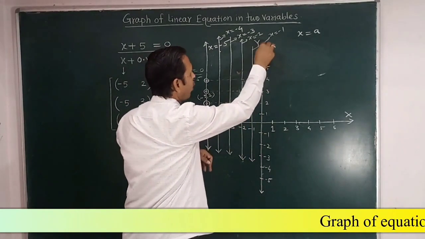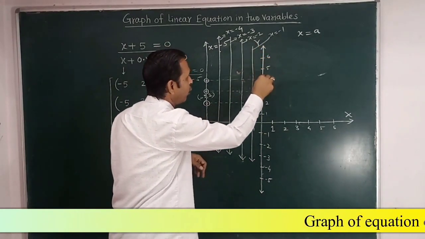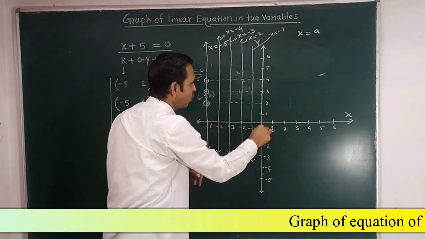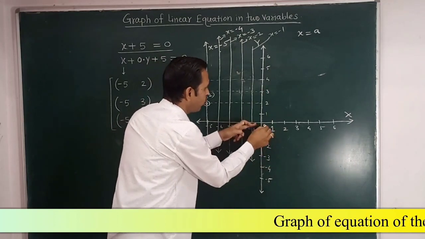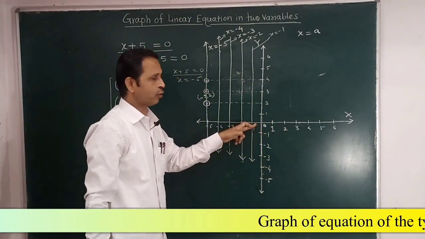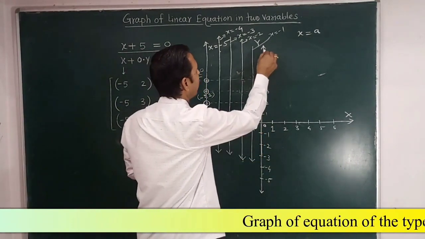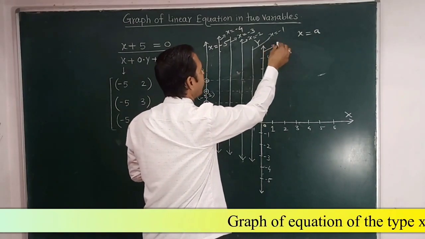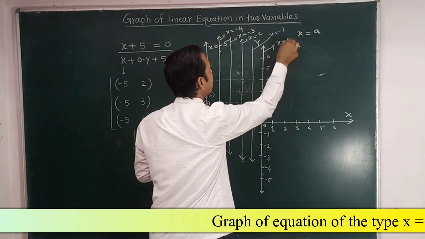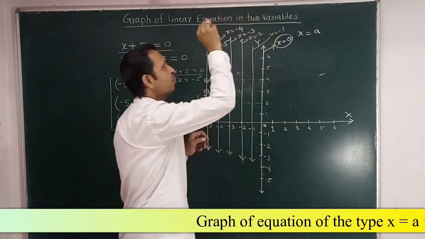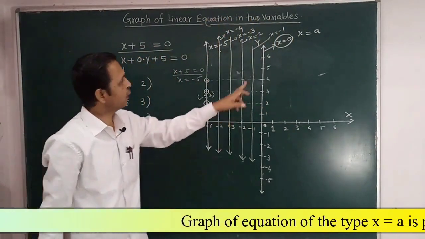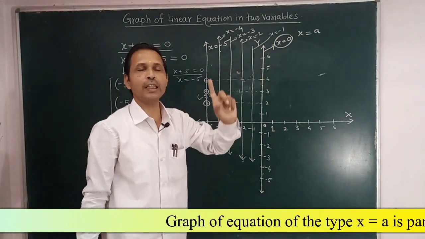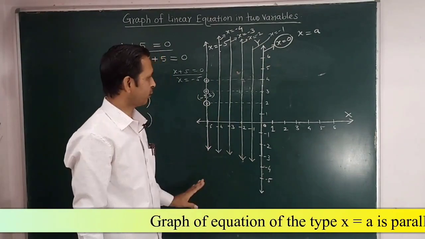And when we draw the line parallel to or coinciding with the y-axis, then it passes through the origin, that is 0, and that's why the equation of the y-axis is x is equal to 0. It is very important. Now x is equal to 0 is the equation of the y-axis.